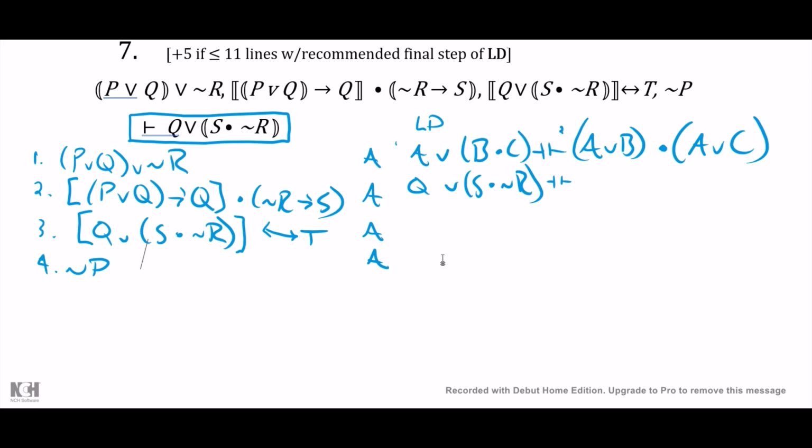What that's going to look like is Q wedge S dot Q wedge squiggle R. So if the last line in this problem is going to be that law of distributivity, that means this thing I just got is going to be probably line 10. That's the thing that I get before.